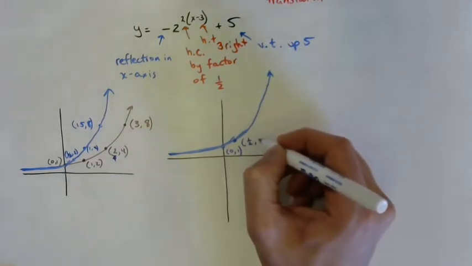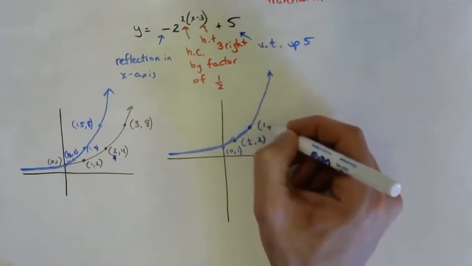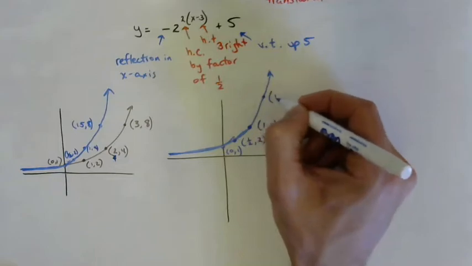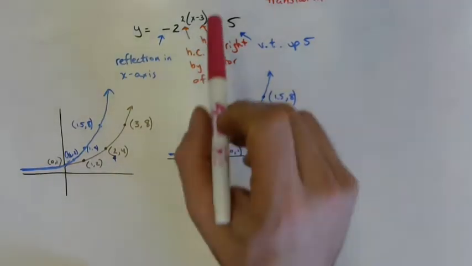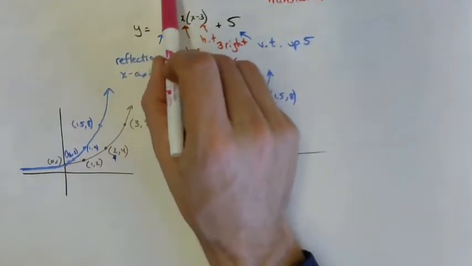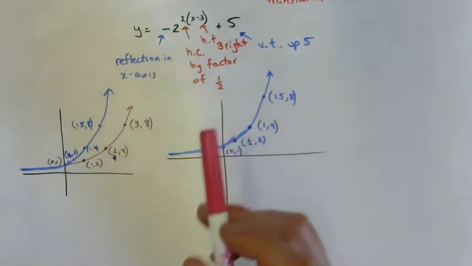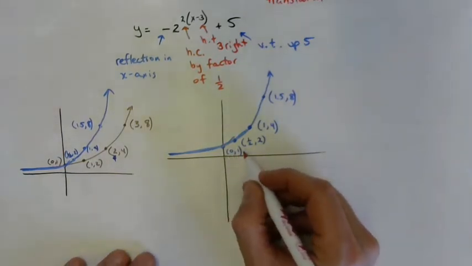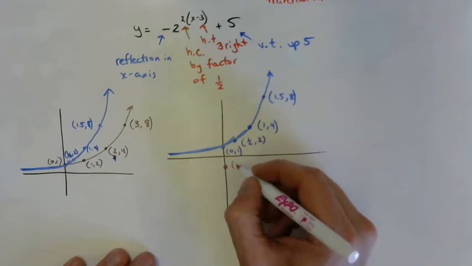And I'm going to copy it down over here, same graph. Now we're going to perform our vertical stretch or compression, which is a reflection in the x-axis. I'm going to take all of these, and the x-coordinates are going to stay the same. The y-coordinates are going to change to negative.